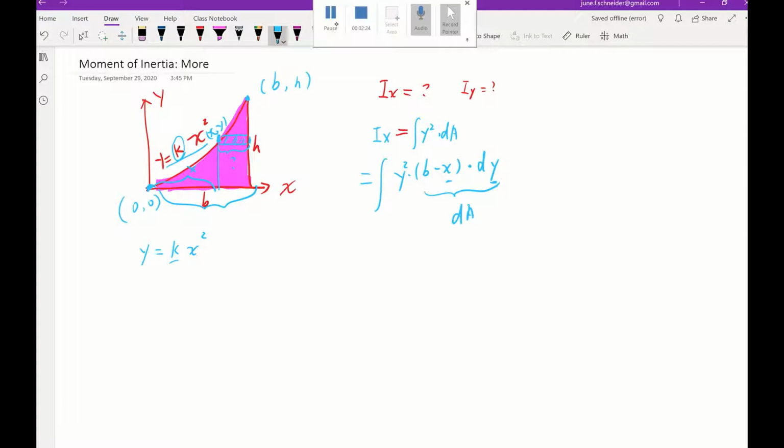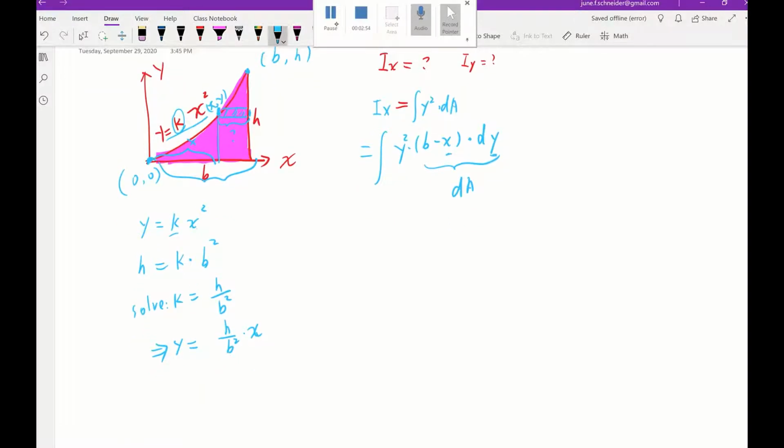Plug h for y and b for x. Then we can certainly solve for k. K will be equal to h over b squared. Knowing that, our equation becomes y equals h over b squared times x squared.